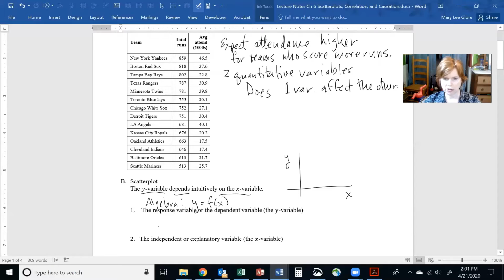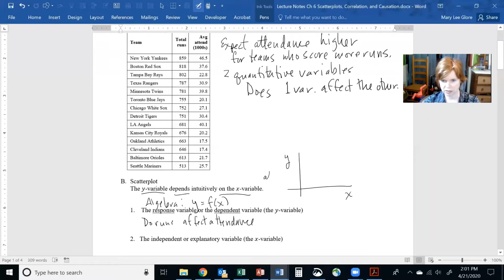Since we want to know if runs affect attendance, my response variable or my dependent variable is attendance.